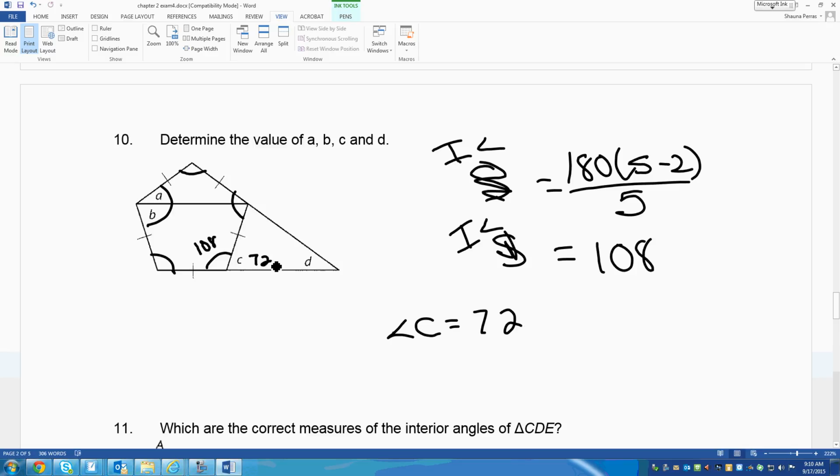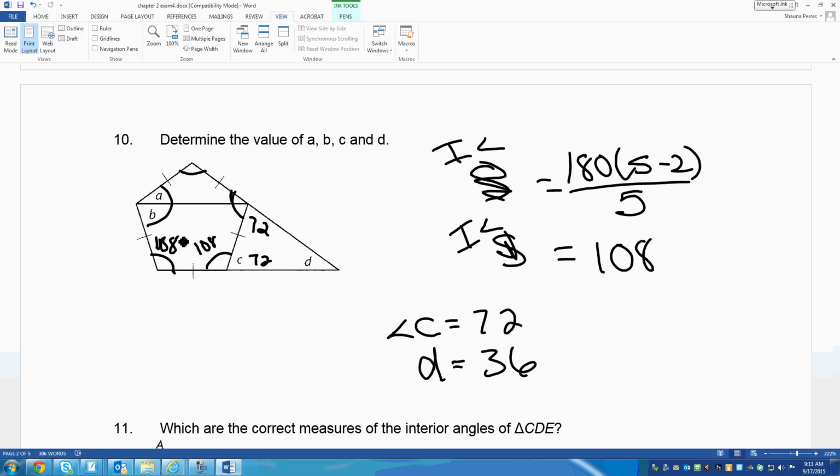Now I can do the same thing up here. If this is 108, this is 72 here, so I can find angle D in the triangle to be 36. And then, I can look and I have a quadrilateral here, right? Because this line cuts it here. It cuts straight across, and it's an isosceles on top.